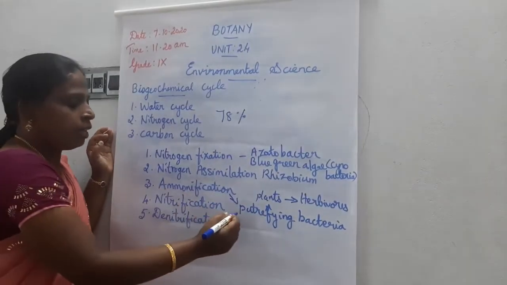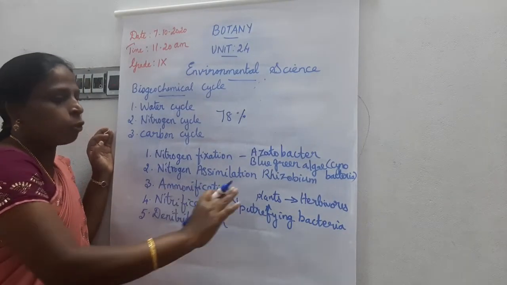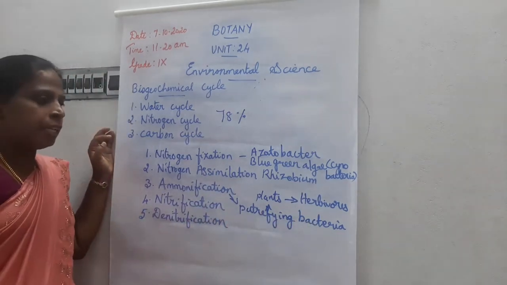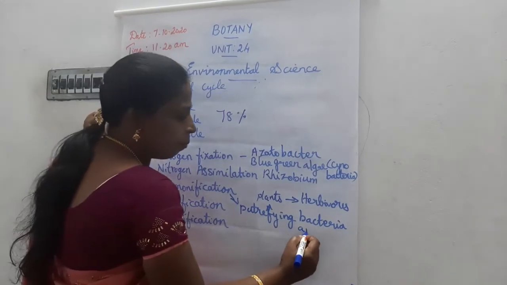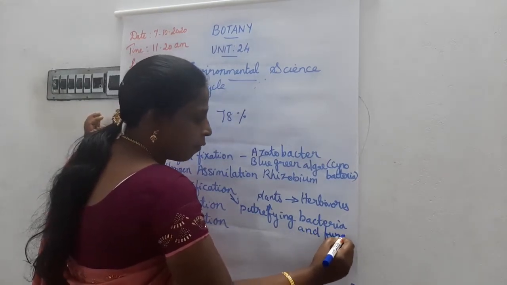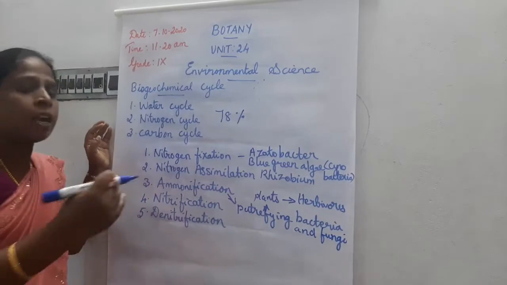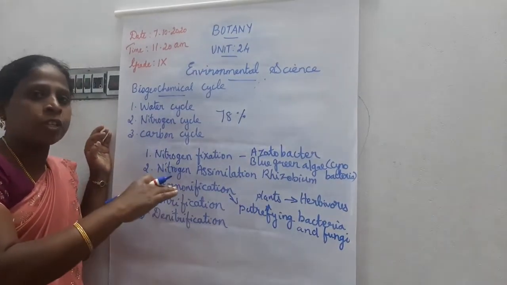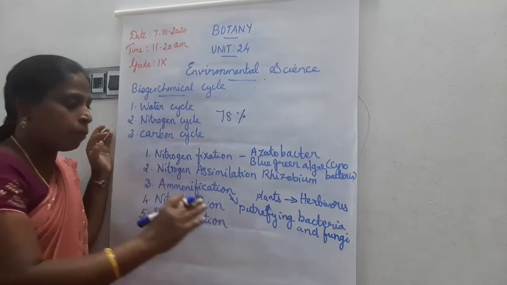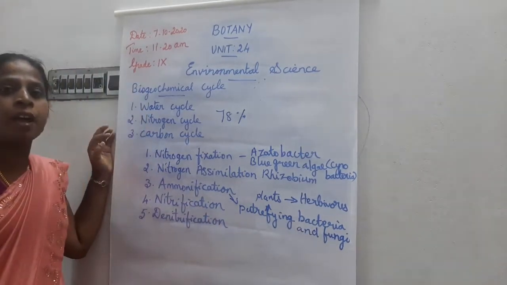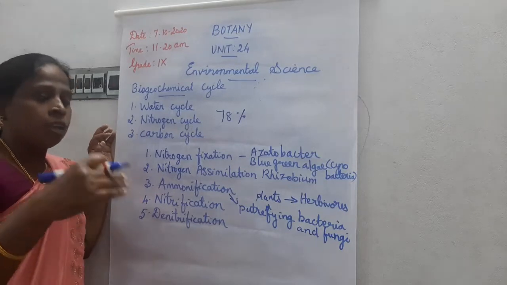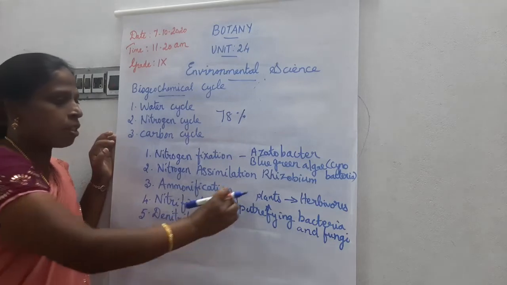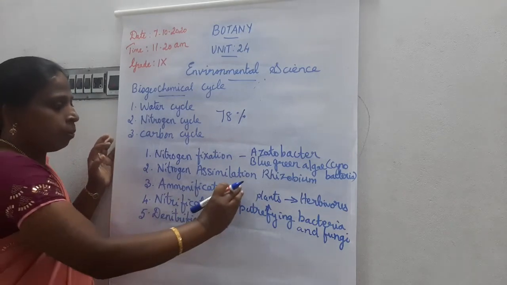Now this nitrogenous waste can be decomposed by the putrefying bacteria and fungi, and it can be converted into ammonia compounds. So in the ammonification process, ammonia is produced.